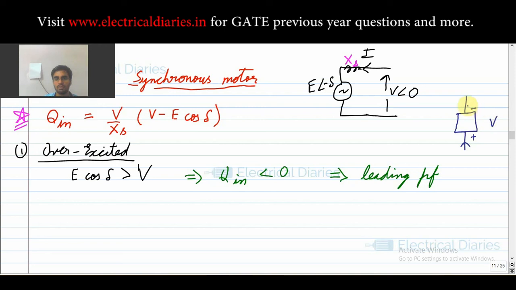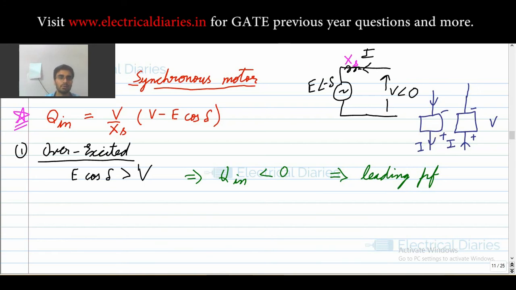Let us say the voltage is V and the current entering is I. The current is entering the element, so we say that this element is absorbing power V into I. If the element is like this, and the polarities are in the same fashion, then the current is leaving the positive terminal, so we will say that this element is delivering power. So always remember that absorbing and delivering comes from the direction of the current.